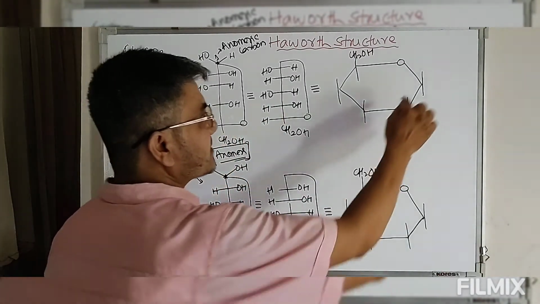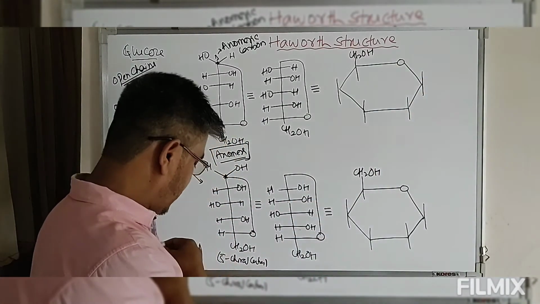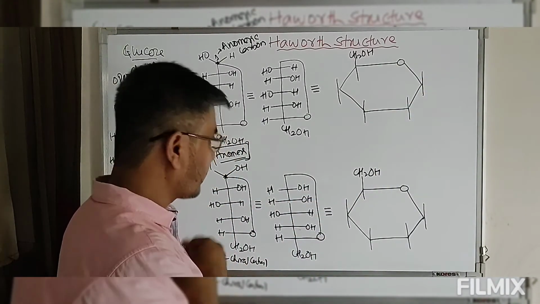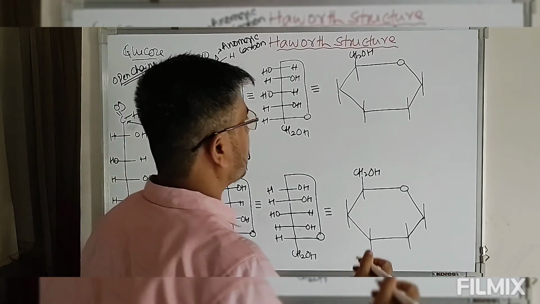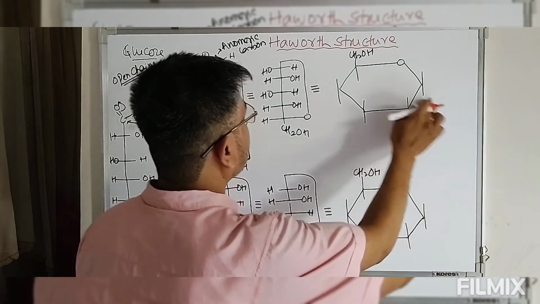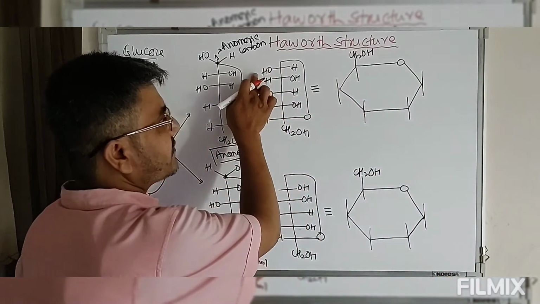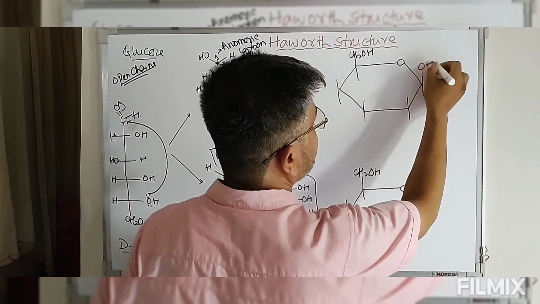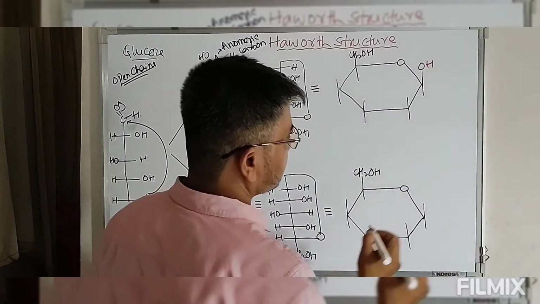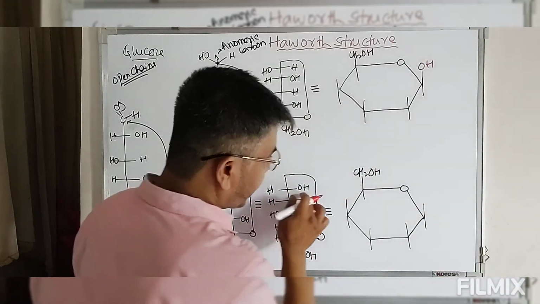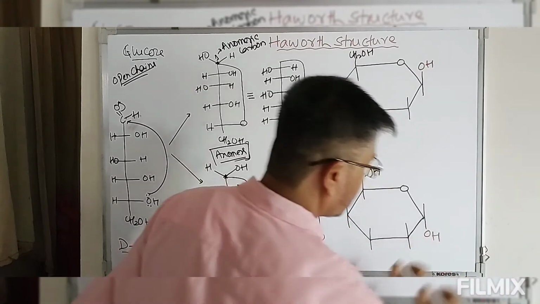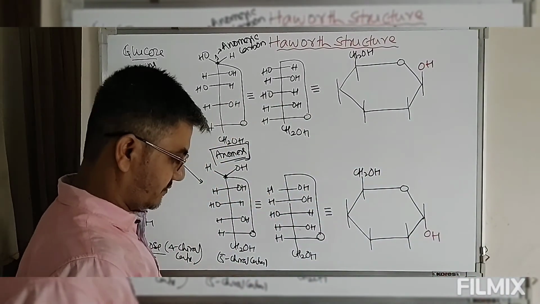Now this carbon is the anomeric carbon. At this anomeric carbon, if the OH is on the left hand side, this is written above the plane, and if the OH is on the right hand side, this is written below the plane of the ring.